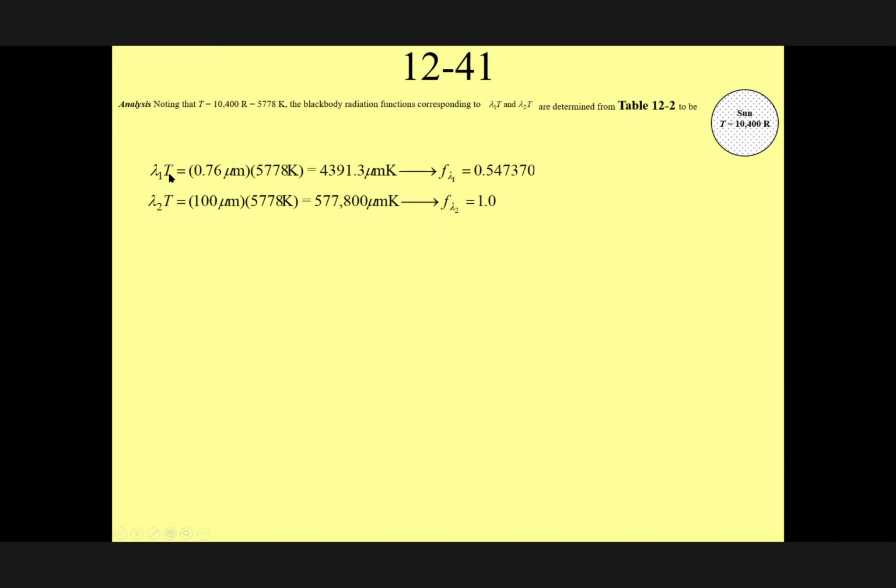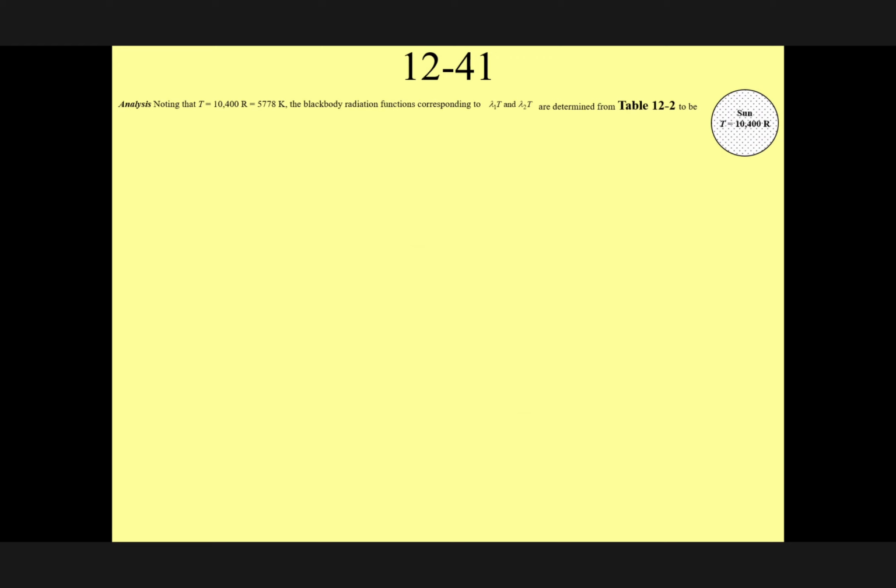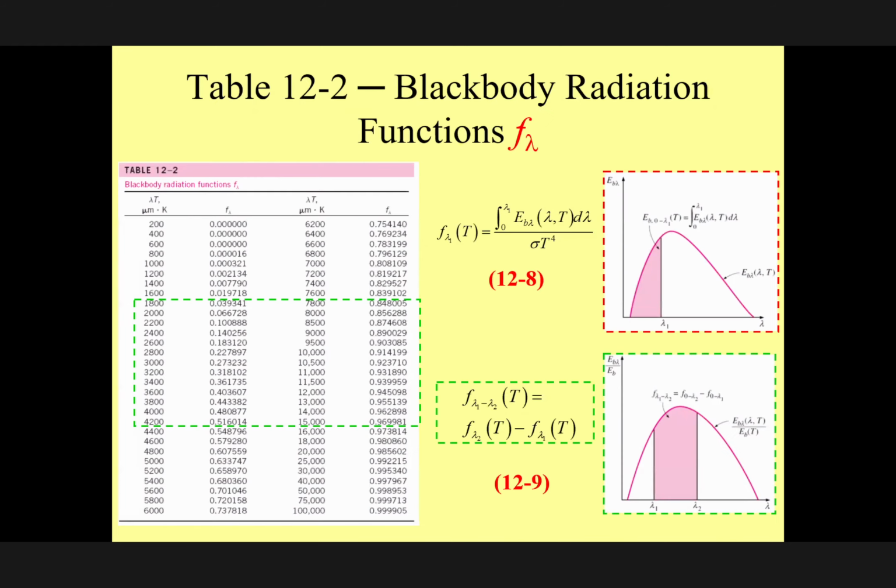Therefore, lambda 1 T, if you multiply, becomes 4391. Okay, let me go back and show you. Remember 4391. We go down here. There is something in between these two, and you can read this number in between.